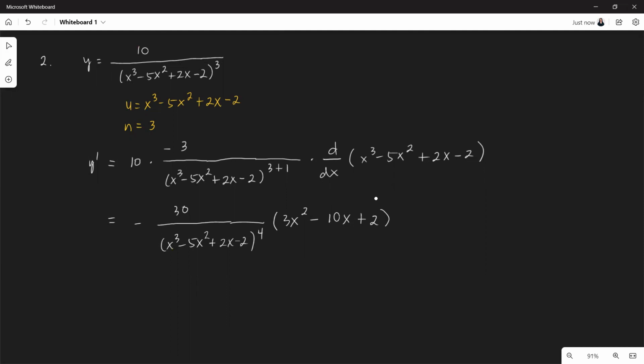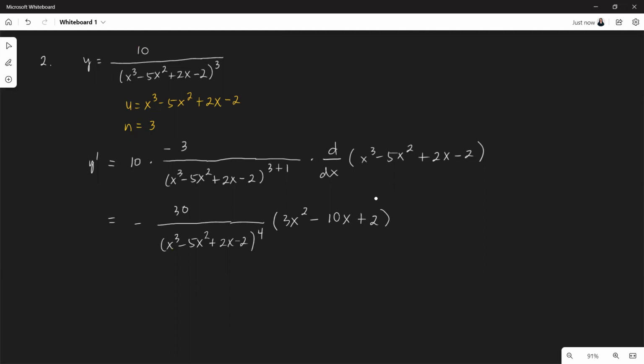So observe the pattern for the power rule. The exponent is decreasing. If x cubed, it becomes x squared. If x squared, it becomes x. If it's x, then the x disappears. Then for the constant term, its derivative is 0, so it's gone.